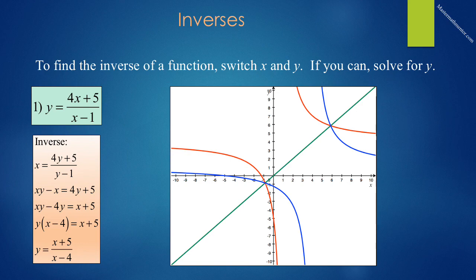And we can see that as we graph y equals (x plus 5) over (x minus 4) in blue, and it passes the vertical line test. Note that the two graphs are symmetric to the line y is equal to x.